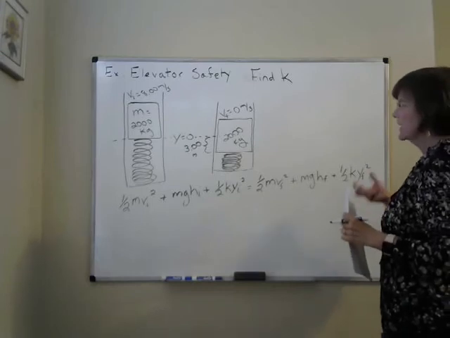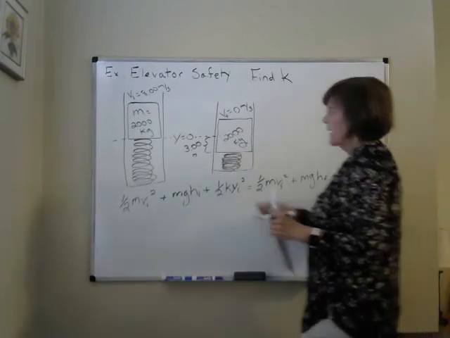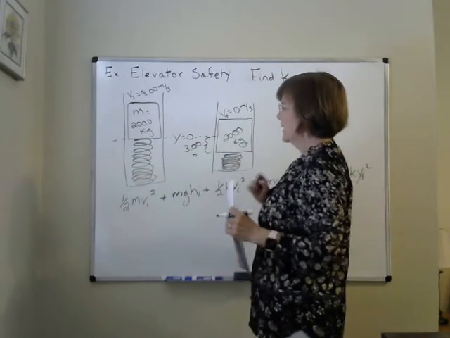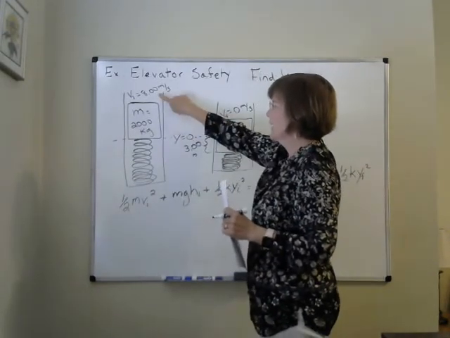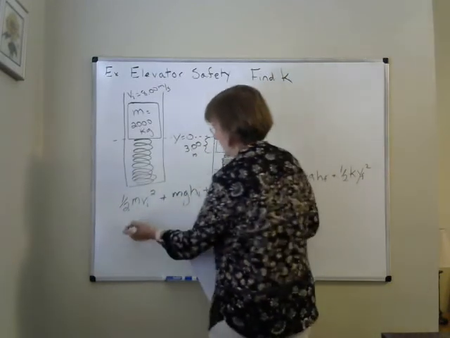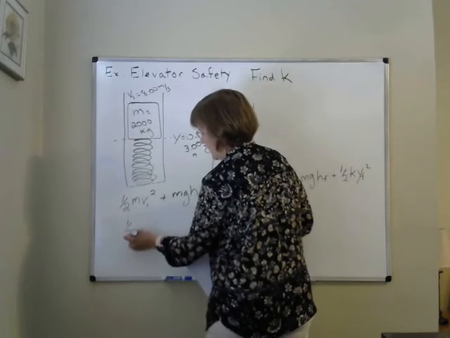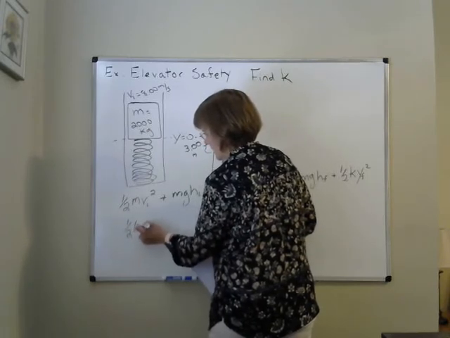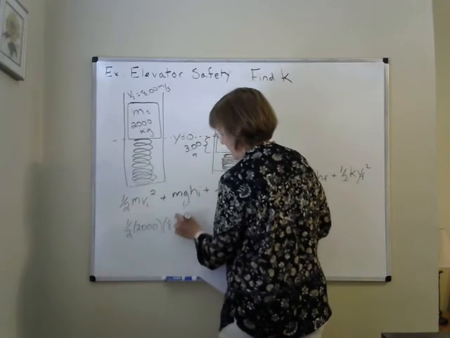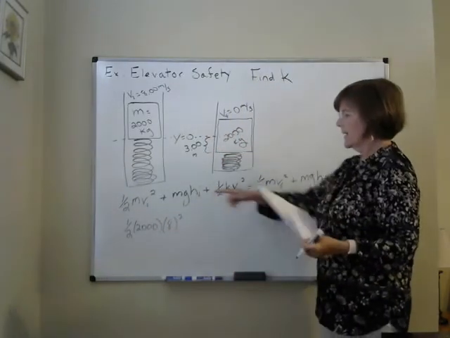So let's look at each of these things. Right here, if we let this be our equilibrium position, do we have kinetic? Absolutely, we're going 8 meters per second. So that's going to have numbers put in: 1/2 times 2,000 times 8 squared. That's our kinetic. What about mgh?